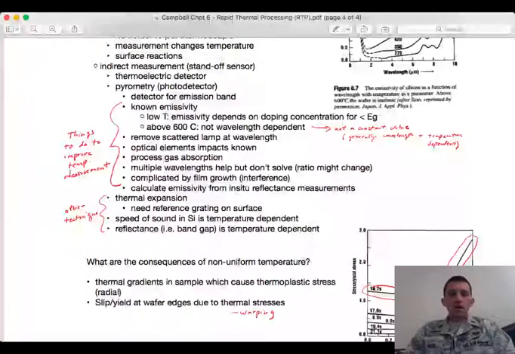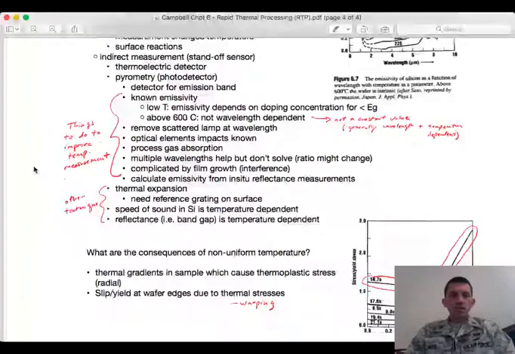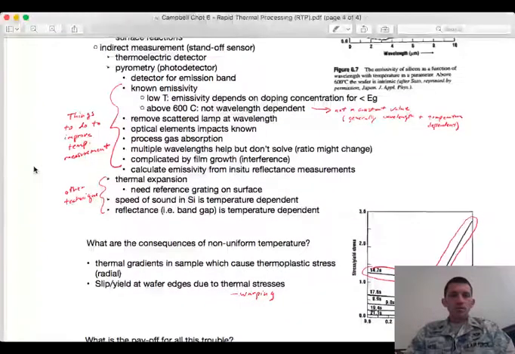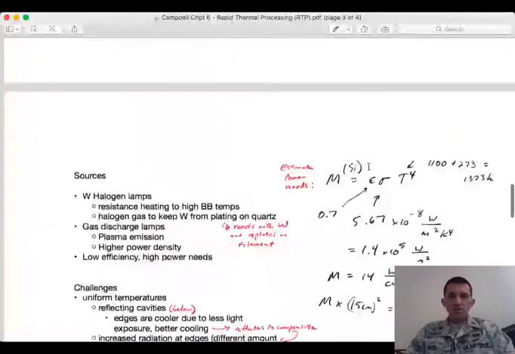This is an optical method, and so as we are, say, growing a film, where we'll talk about growing thin oxide layers, there's the opportunity for optical interference off the surface, and it can help. Maybe you can calculate the emissivity from reflectance measurements, like I mentioned above here, right?